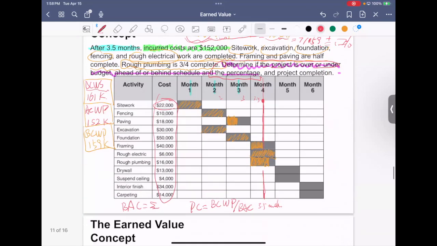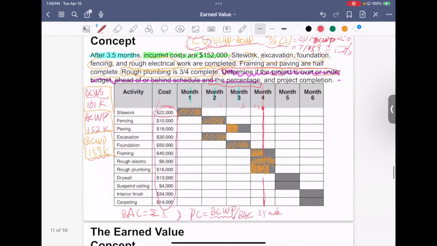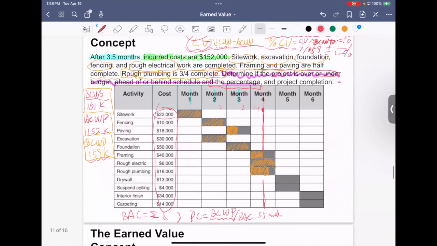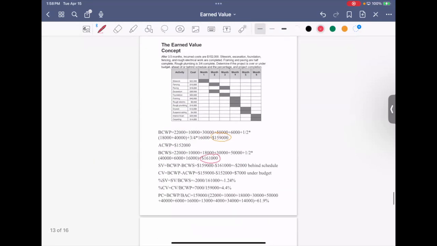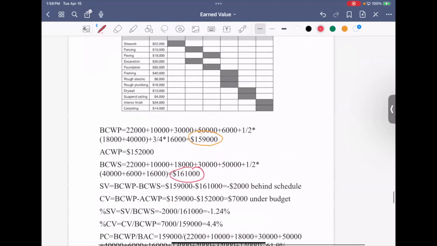Your BCWP is all those yellow items, and this is the number. And your cost total will come from here, right? Does that make sense? Okay, so if that makes sense to you, I'll go over this one with you. We can come down to the solutions and check if I'm correct.